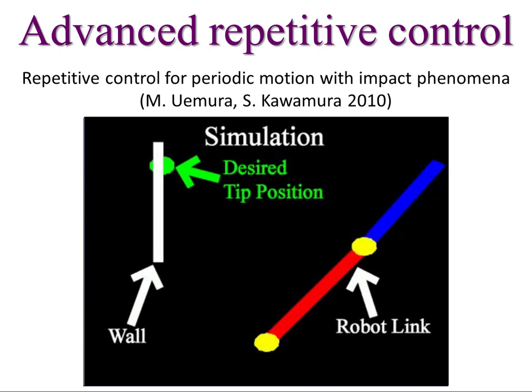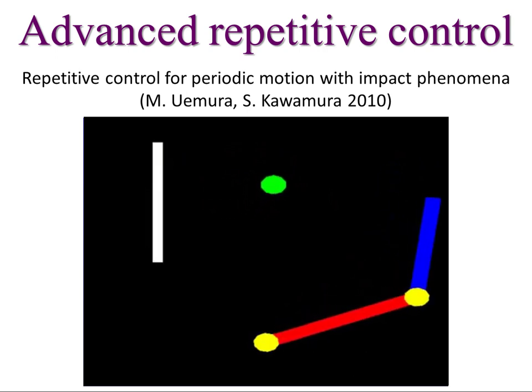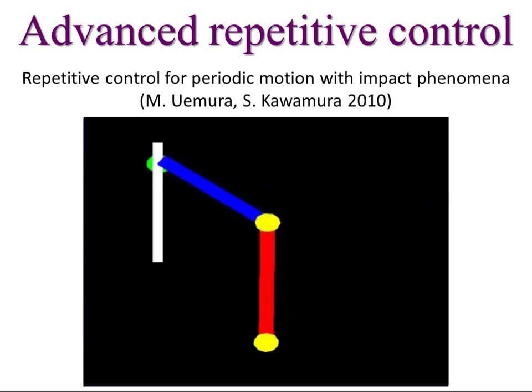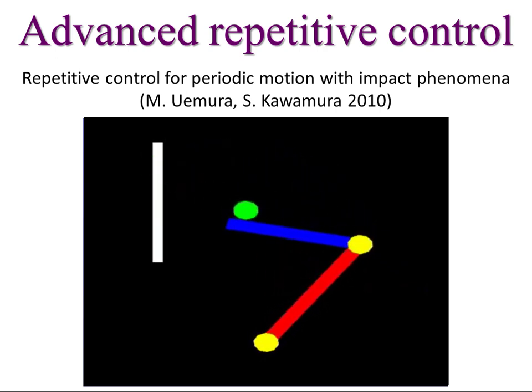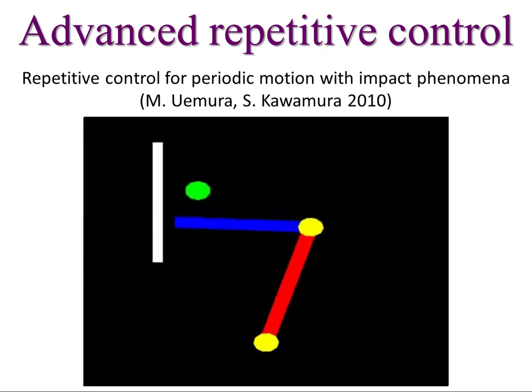However, when we actually use the robots that perform various tasks, the structure of the dynamics changes when the robot touches something. This study deals in particular with collisions.